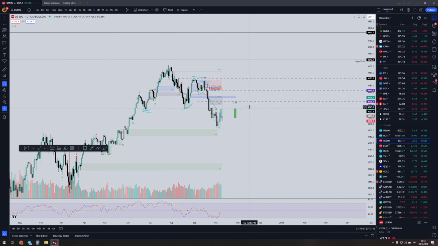What else can you use? You can use some lines, usually trend lines. This allows me to identify a trend. Always use this little magnet because accuracy is the most important thing.